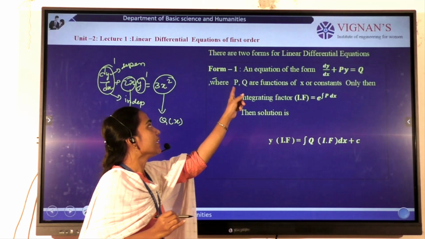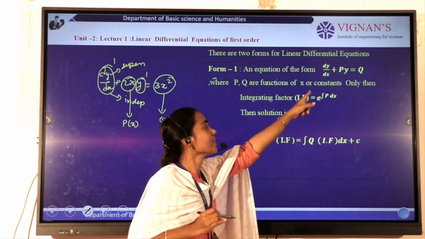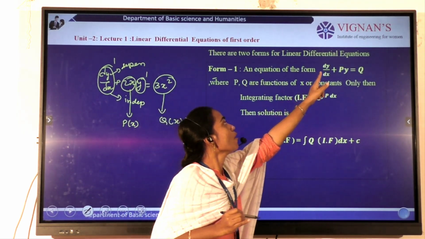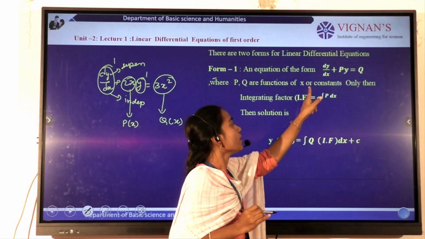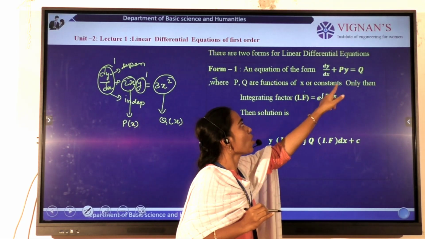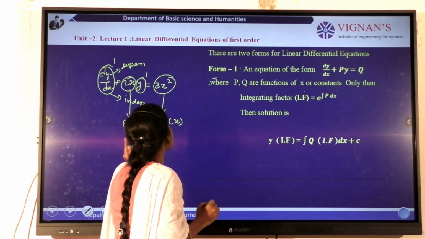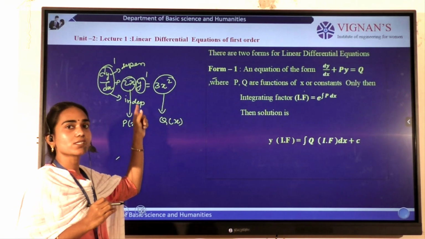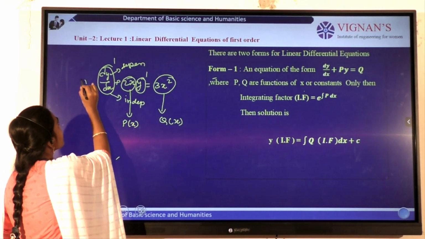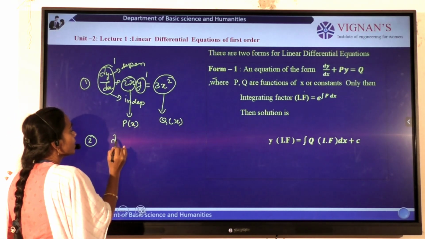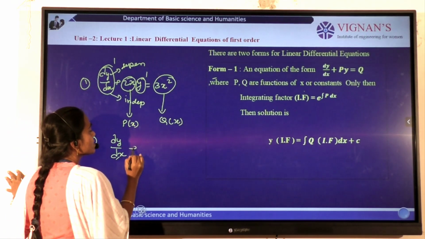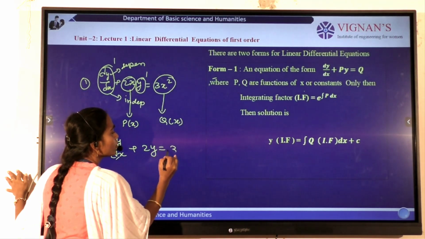So here an equation of the form dy by dx plus py is equal to q, where p and q both are functions of x or constants only, is called a linear differential equation of first order in y. The second example is dy by dx plus 2y is equal to 3.